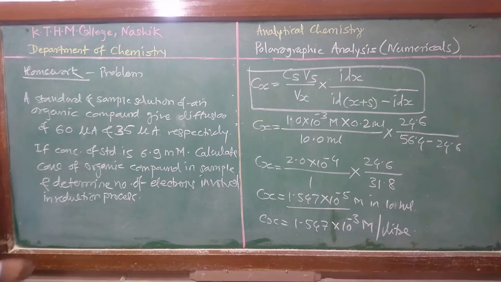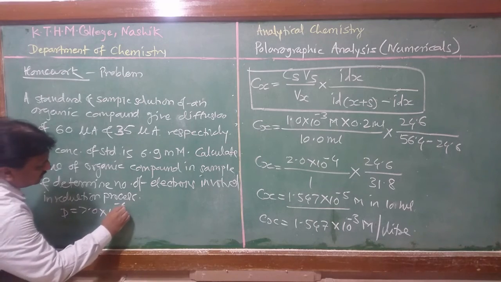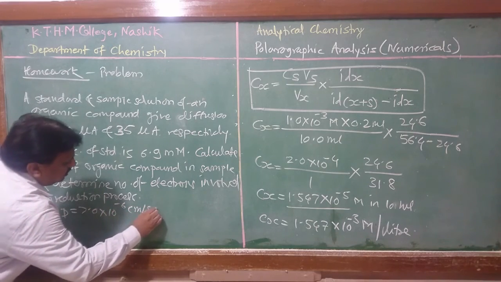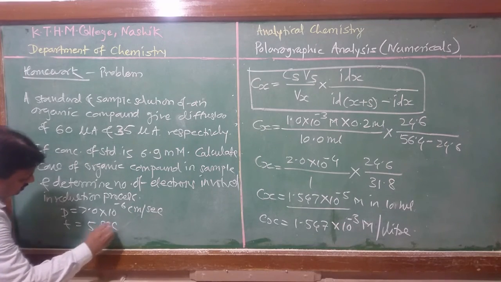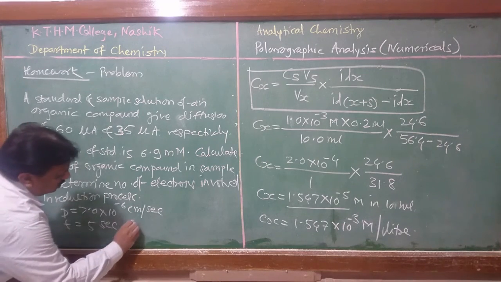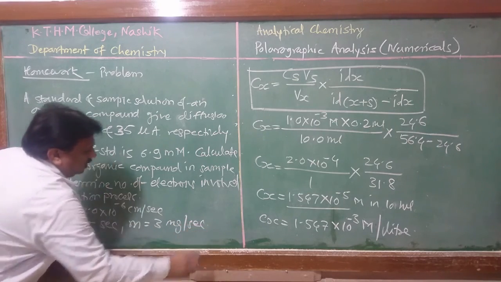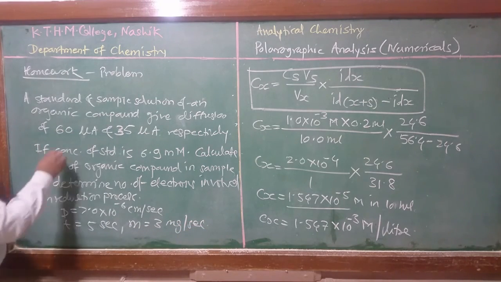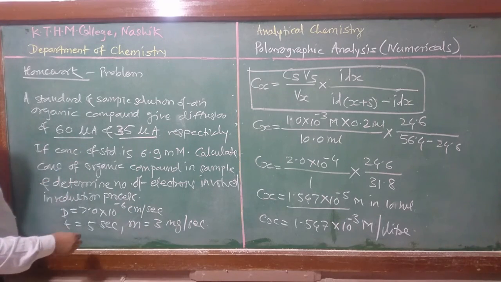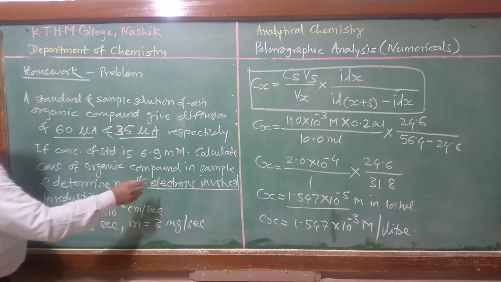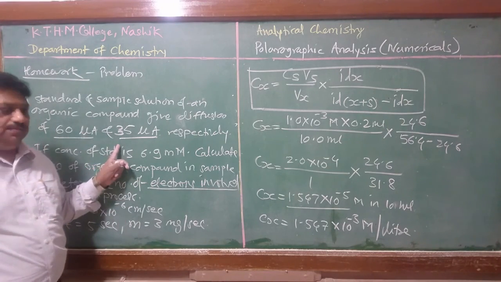Here D is equal to 7.0 into 10 raised to minus 6 square centimeter per second, t is equal to 5 seconds, and m is equal to 3 milligram per second. Therefore, you have to find out both. First the concentration of the sample, and after that you have to find out the number of electrons involved in the redox reaction or reduction of that organic compound.